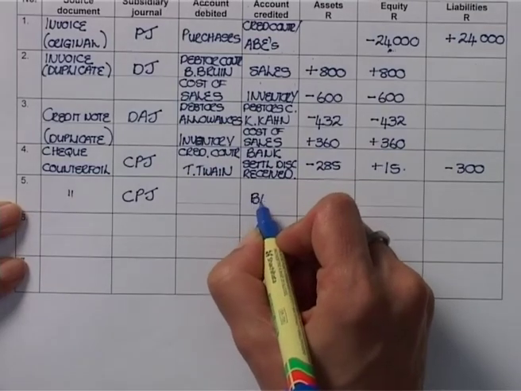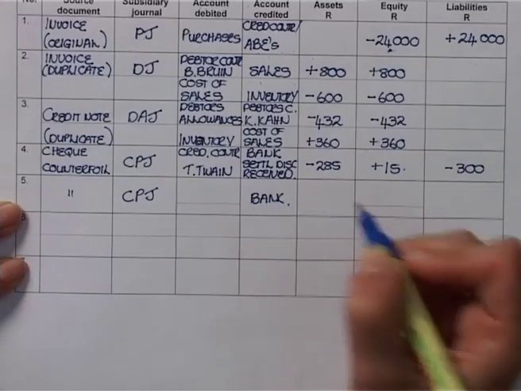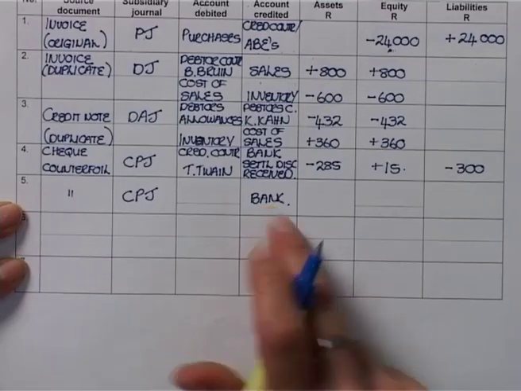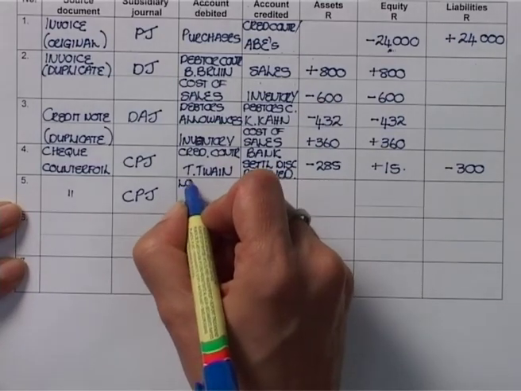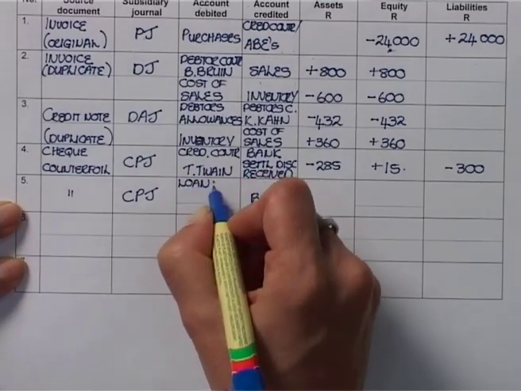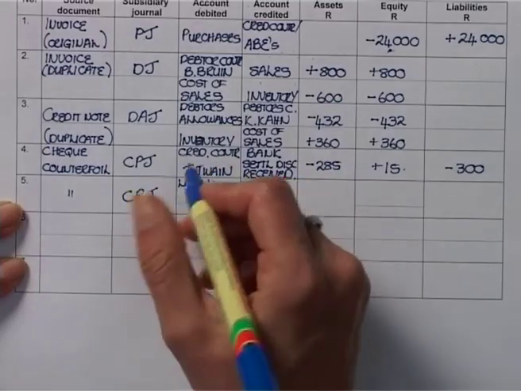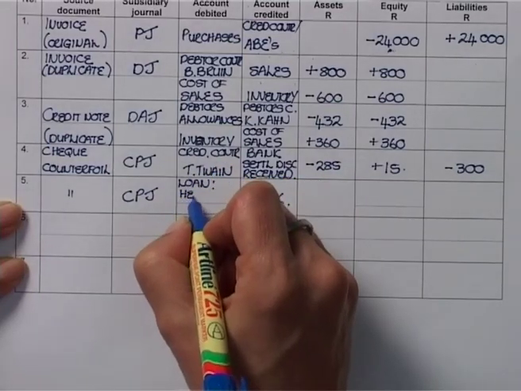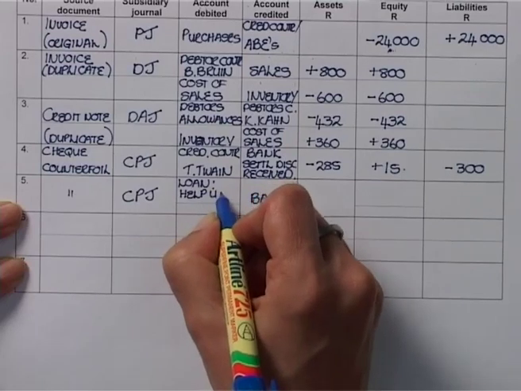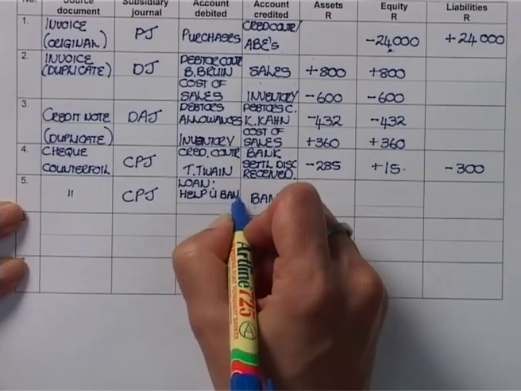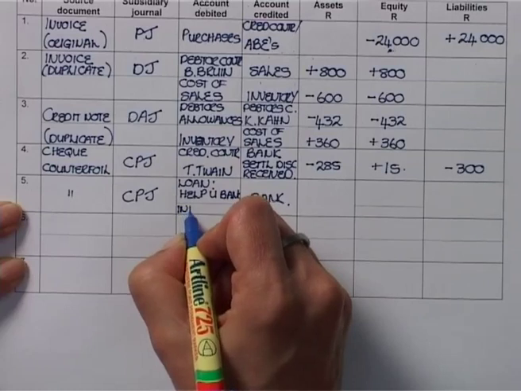The bank will decrease with not only the installment, which we can take off from the liability, but also with the interest.